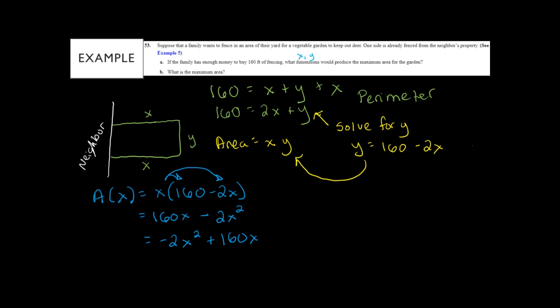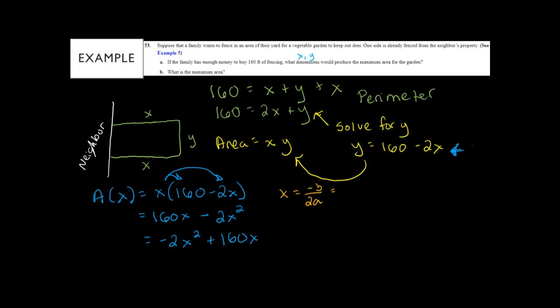So I need to first find the value for X using the vertex, and then I need to plug that into this equation right here so that I can find Y as well. So first, our vertex is going to be negative b over 2a.